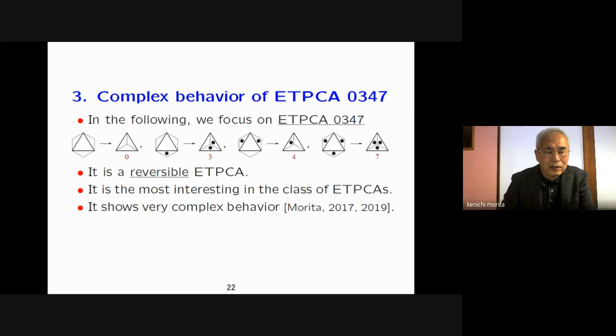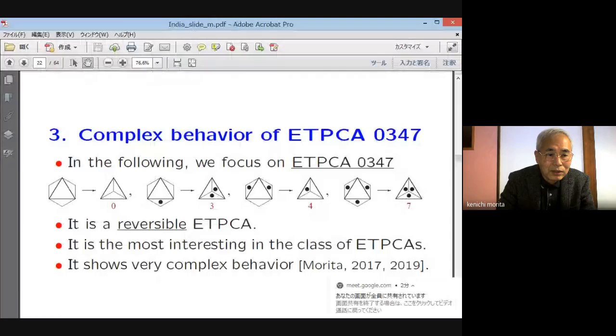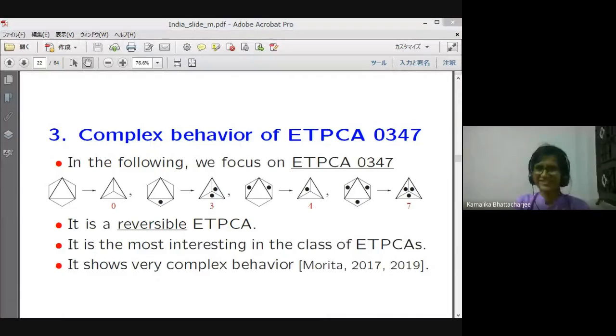By splitting the state part into the internal state part and the output part, we can define its reversibility very easily. That is a key point of the partitioned cellular automaton. Is it okay? Yes, thank you, sir.